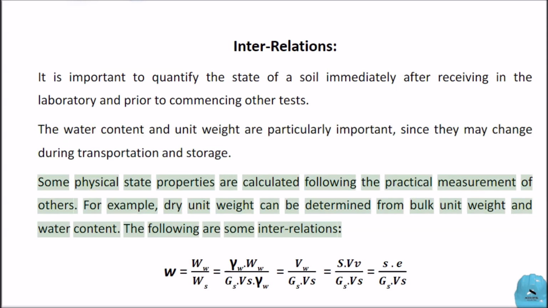Some physical state properties are calculated following the practical measurement of others. For example, dry unit weight can be determined from bulk unit weight and water content. The following are some interrelations.